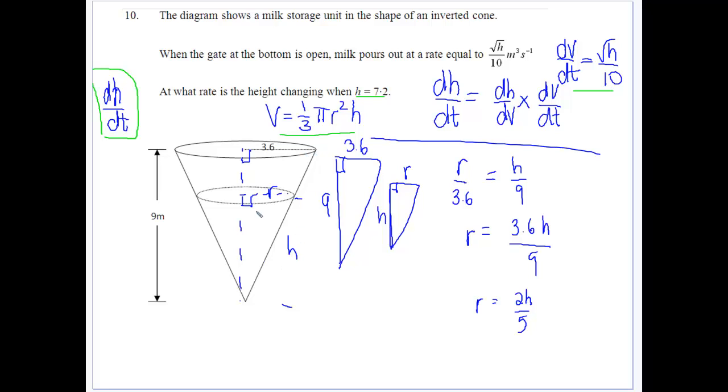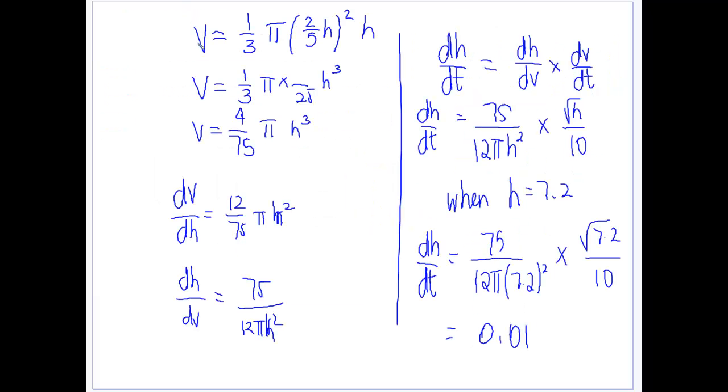Now, if we looked at any particular height at any particular point, we get a radius and a height, which would give us that expression. So the 3.6 on 9 would equal r on h, or we could write the radius on 3.6, which would equal h on 9, which allows us to get r in terms of h, which means we can do a substitution and we can get our volume in terms of one variable, h cubed.